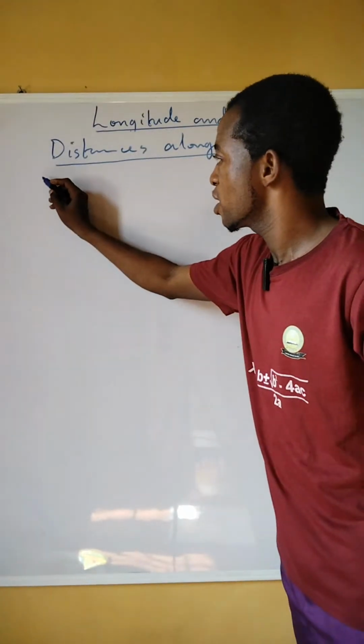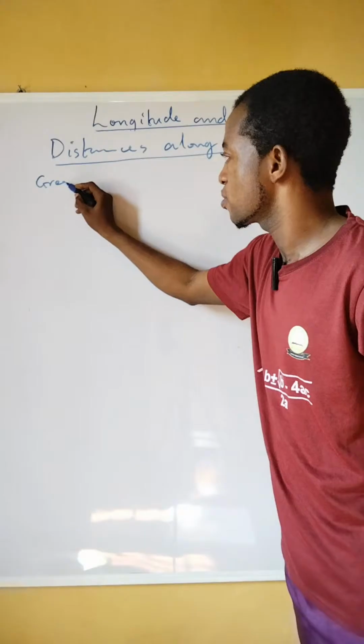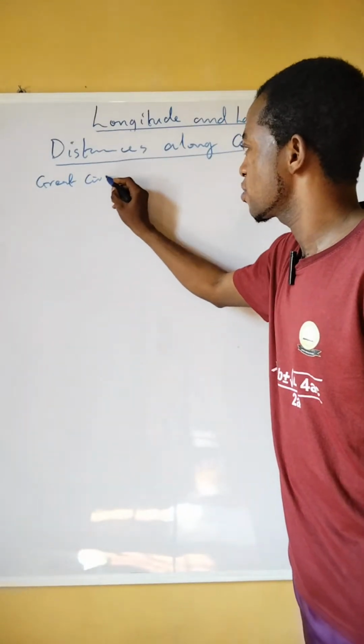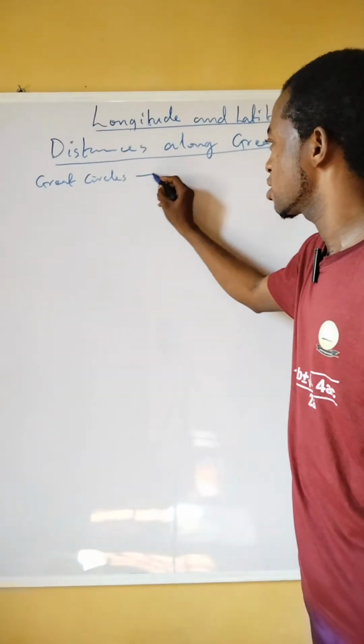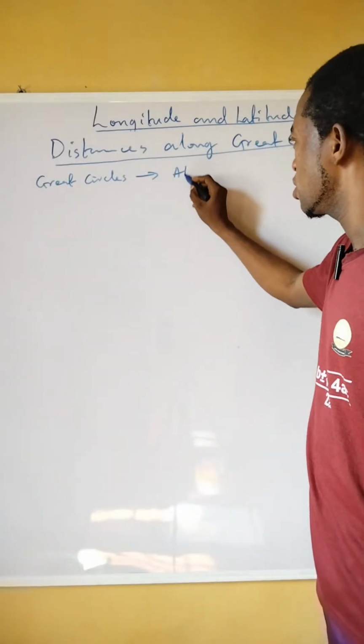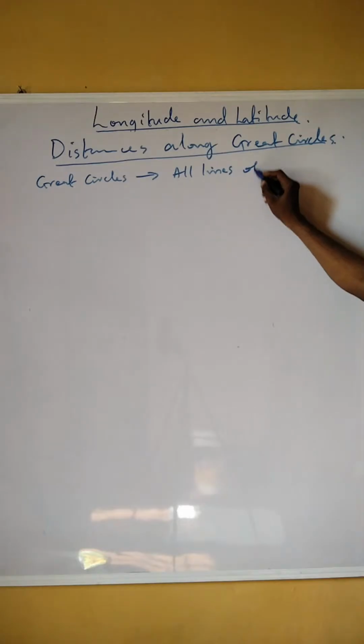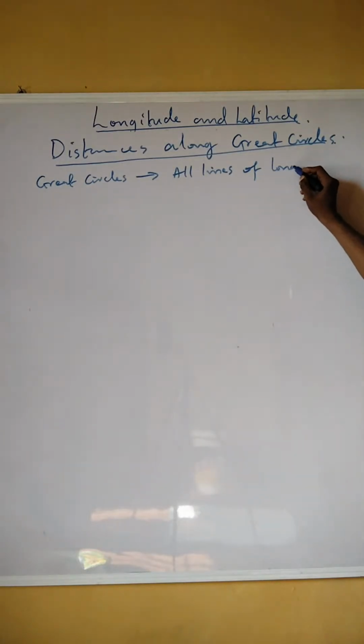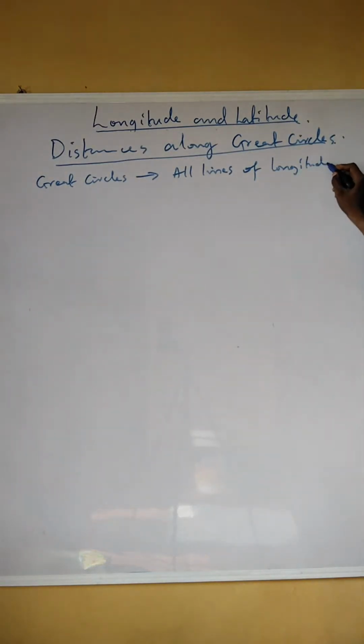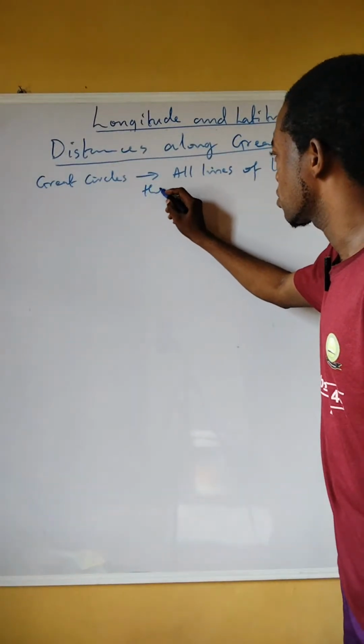So whenever we hear great circle, we have already defined that these are all lines of longitude, and the equator.